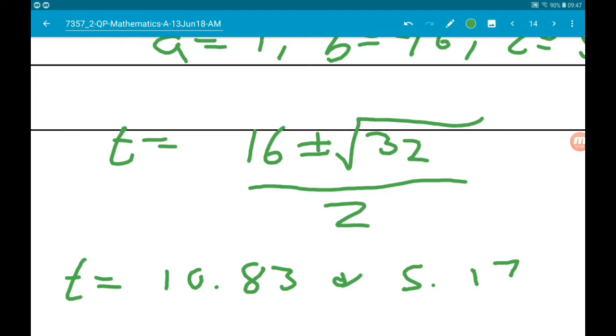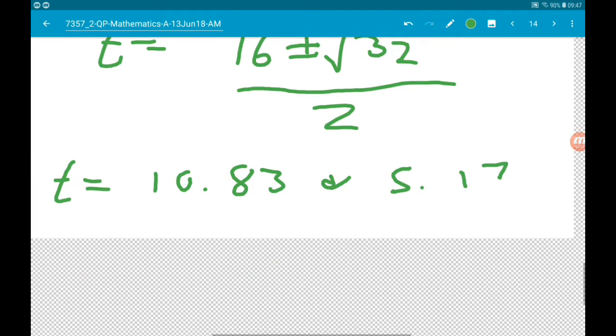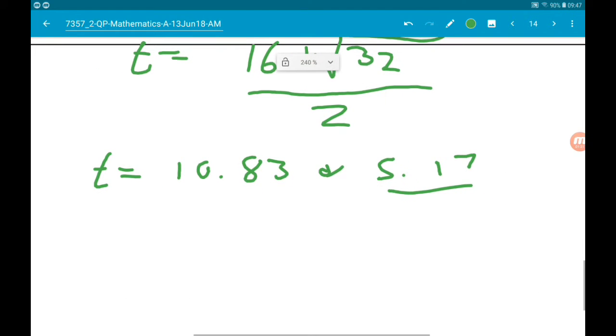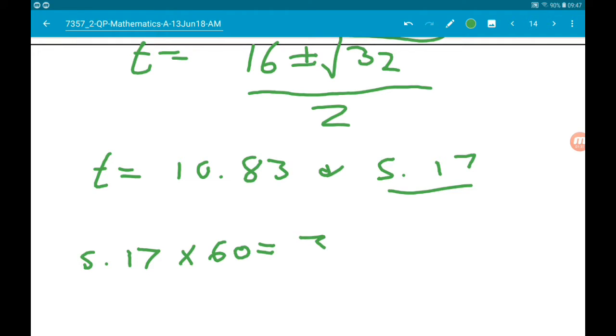Now we want the earliest time while the store can close, so we want the 5.17, so that's 5.17 hours. If we turn that into minutes, let's times it by 60, we get 310 minutes to the nearest minute.